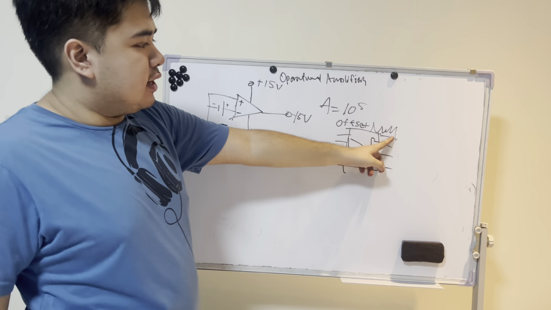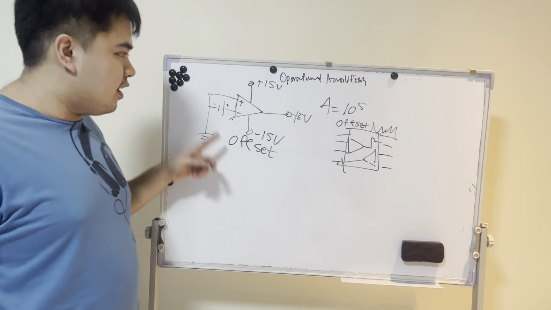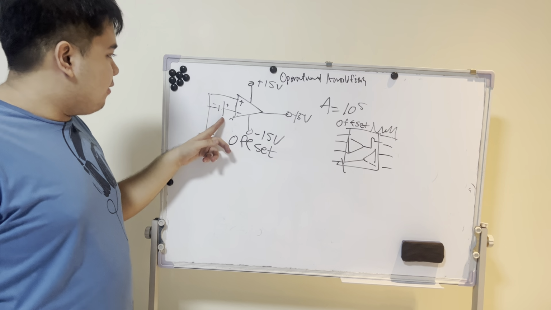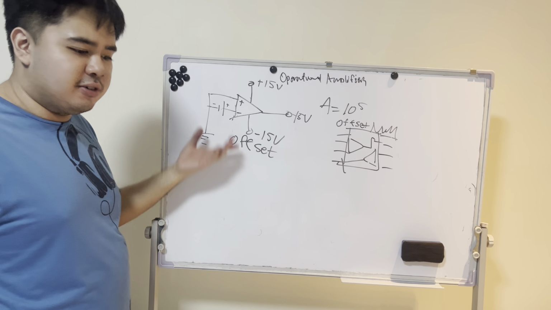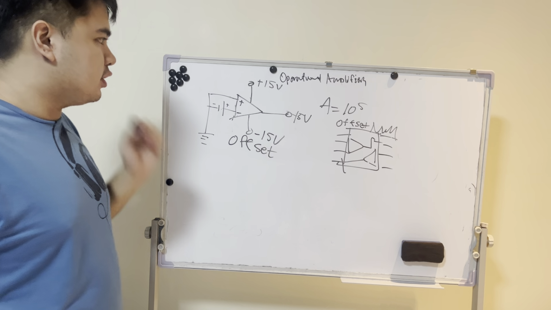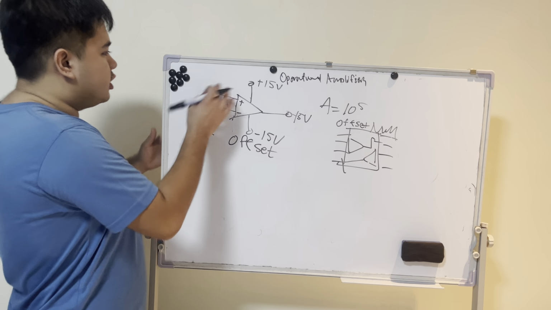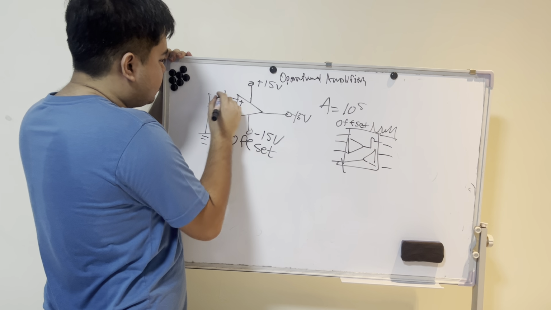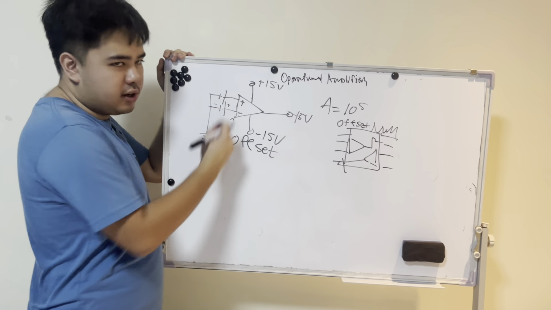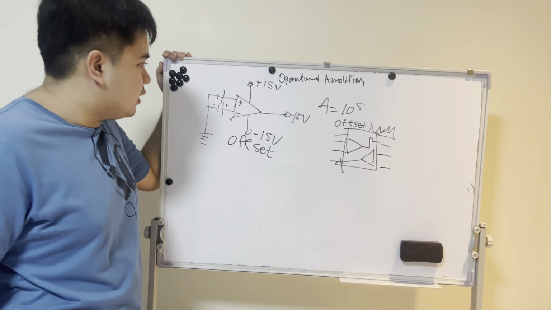And that setting exists to null the offset of the op-amp. There is some offset in here. One input is at a higher voltage than the other, or some voltage is leaking towards one terminal. That's the offset. We want it to null. So we want to adjust some parameter in here in order to match the voltage running across it, so that whatever operation you do, it's not affected.